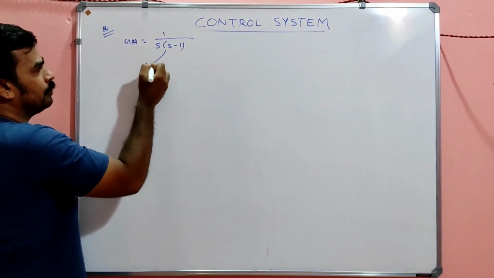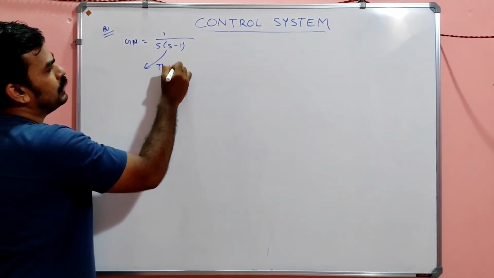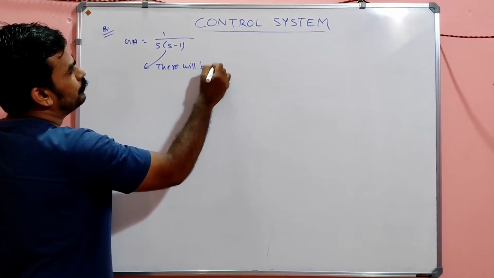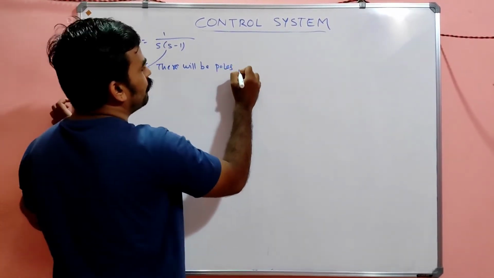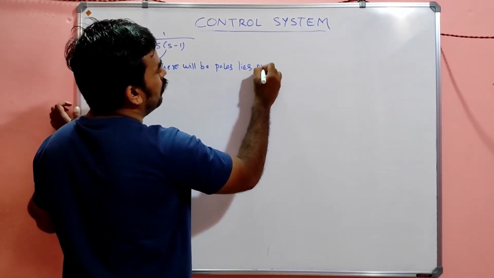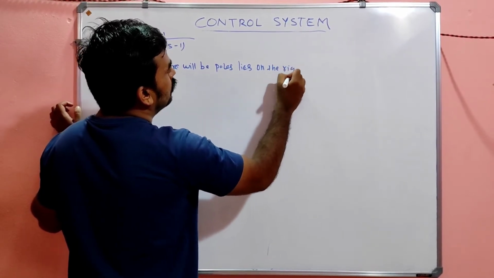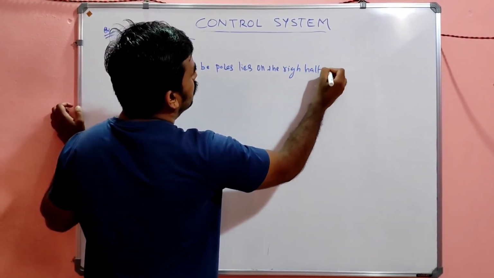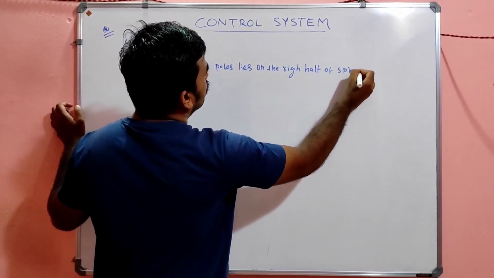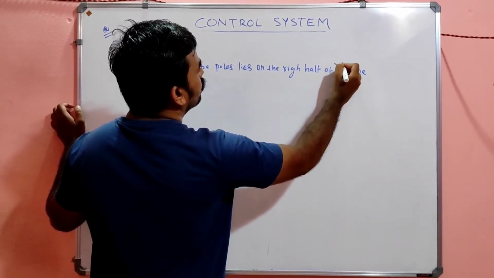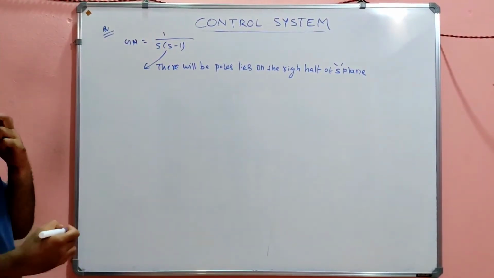See, there will be poles lying on the right half of the S plane.